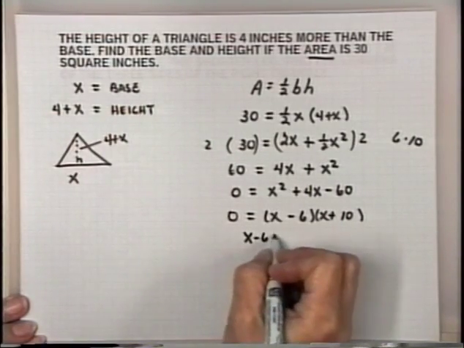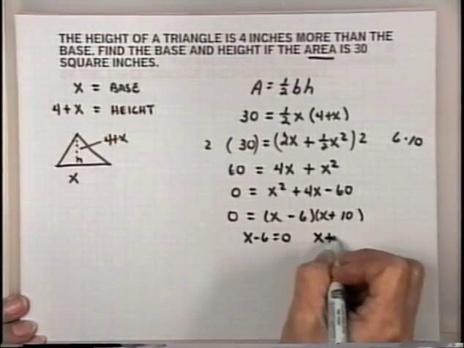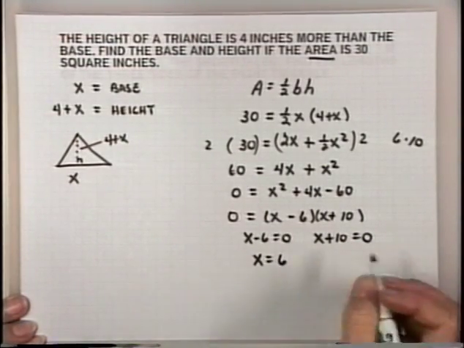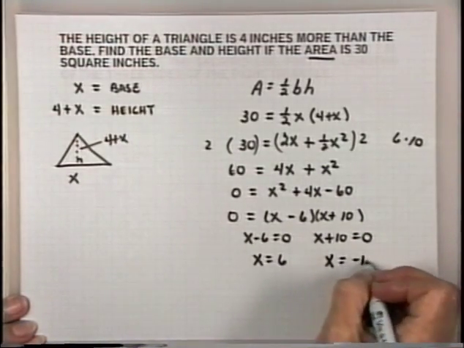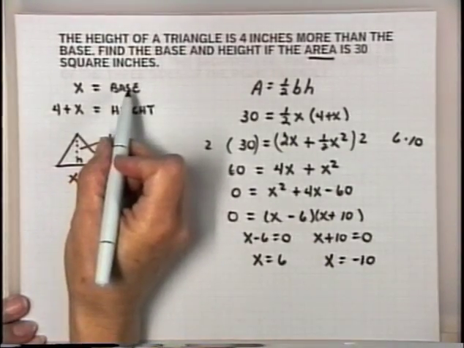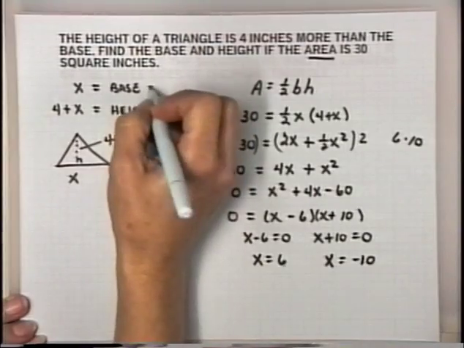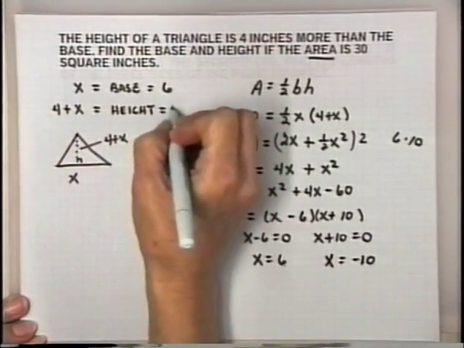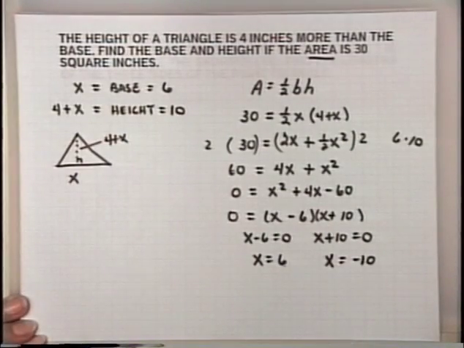Setting each factor equal to 0, and then solving, I have x equals 6 or x equals negative 10. X represents our base. 6 is a possible choice. 4 plus 6 would give us 10 for the height.